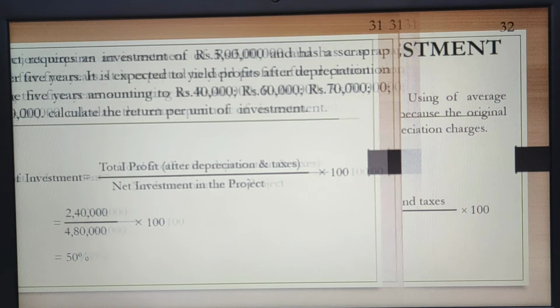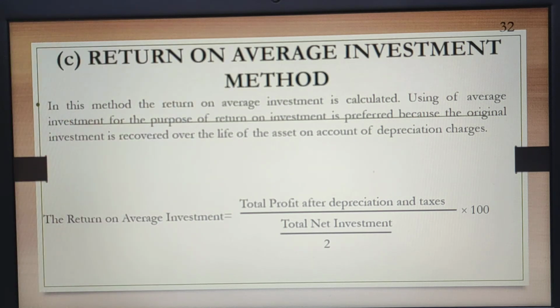Now our next method is the return on average investment method. In this method, the return on average investment is calculated. Using average investment for the purpose of return on investment is preferred because the original investment is recovered over the life of the asset on account of depreciation charge.